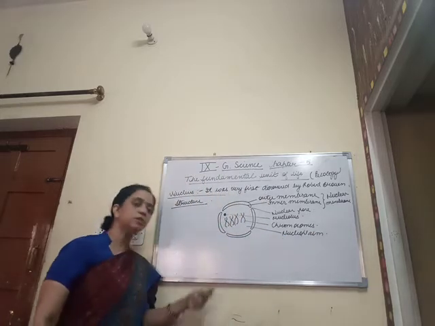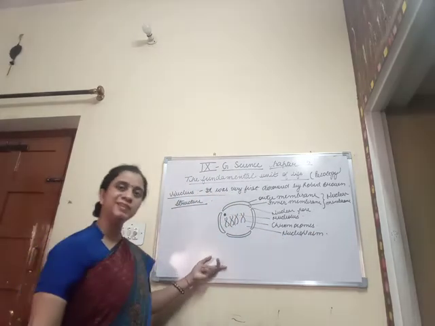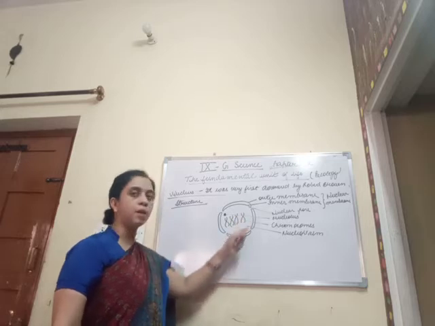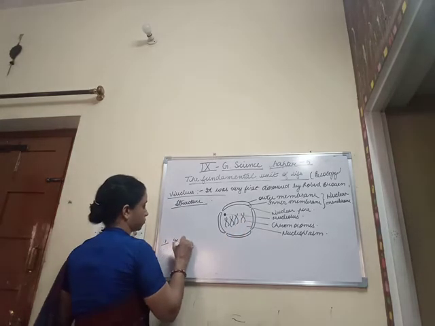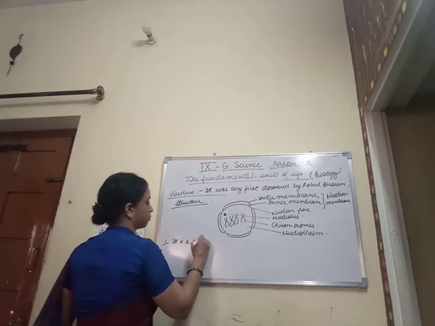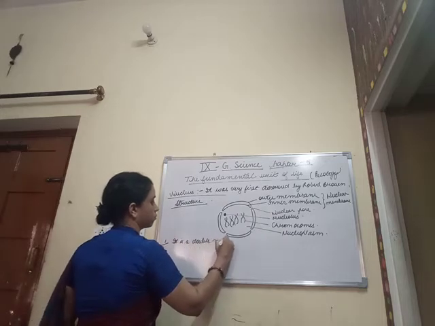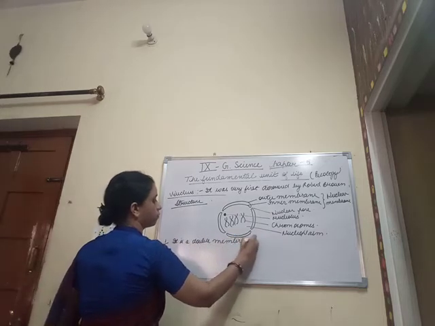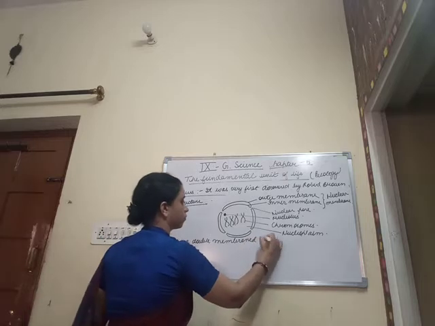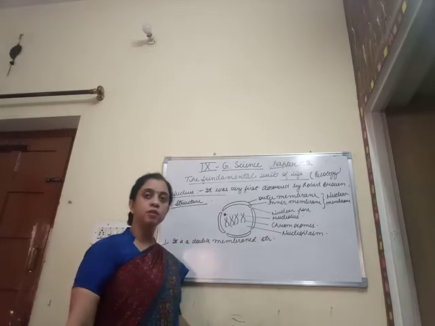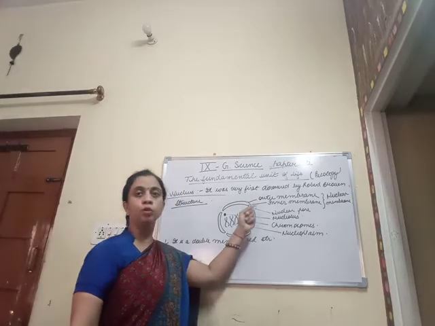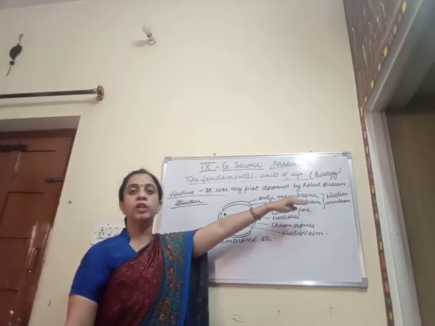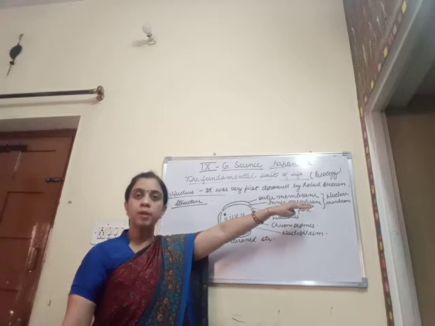This is the structure of the nucleus, and we can see here that it is a double membrane structure. That is, it is composed of two membranes, the outer membrane and the inner membrane. Both these membranes constitute the nuclear membrane, which makes it a double membrane structure.